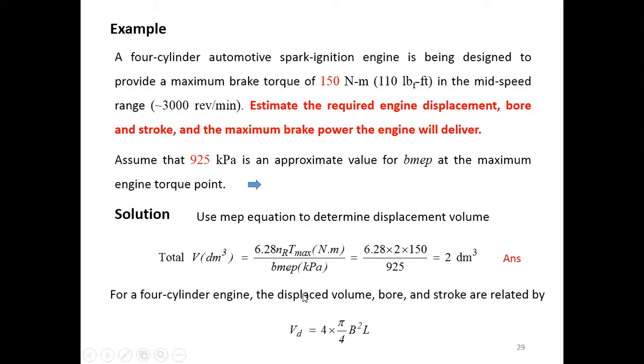And from this volume, you want to come up with the bore and the stroke. You can go by these equations. They say 4 cylinder, so this is the total volume, so we have to times 4 here, because this expression is for each cylinder.